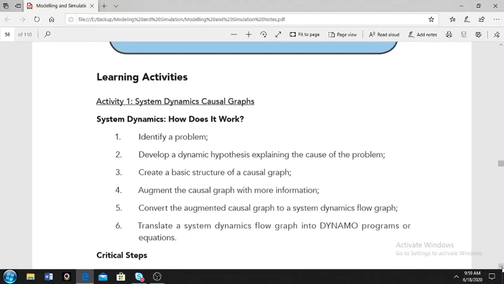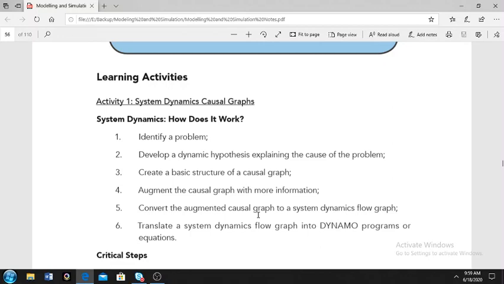Now, if you want, you translate the system dynamics flow into a Dynamo program. But here we are not going to use Dynamo; we are going to use AnyLogic. So before we move into practice, we are going to see how to design a causal graph and how to design a stock and flow diagram.